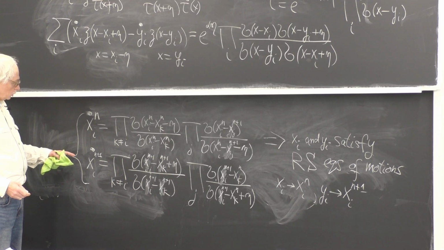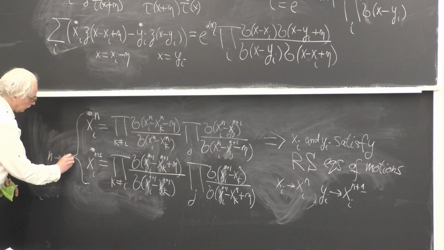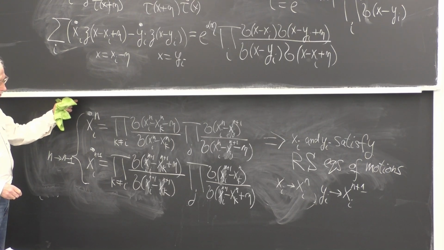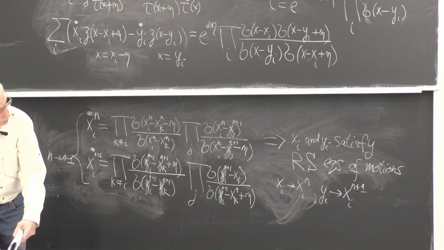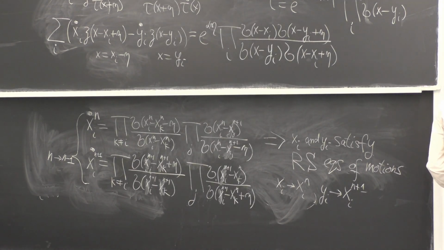Now shift n to n minus 1 in the second equation and divide them. In this way, you get the following system.